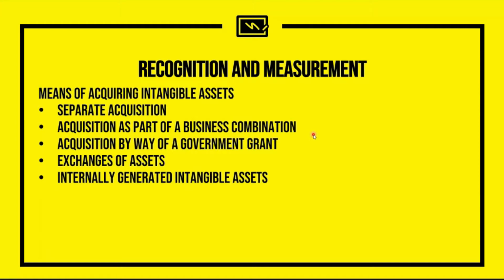The fair value of the intangible asset acquired will be the substitute for cost in the consolidated FS. That's just the concept there. You get the fair value, and that's already the substituted cost of that intangible asset in the consolidated FS.